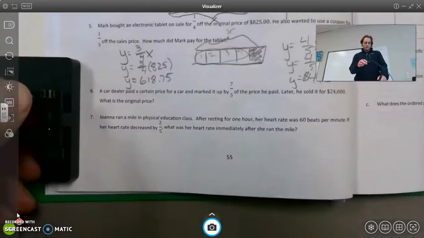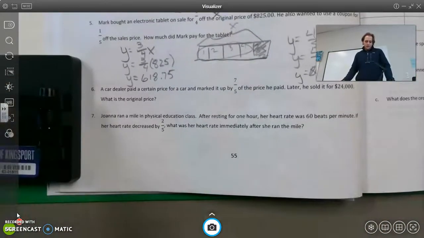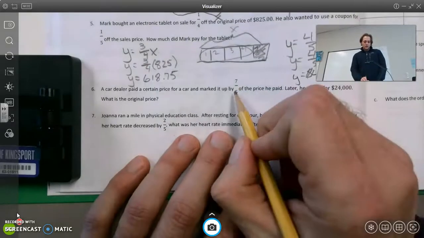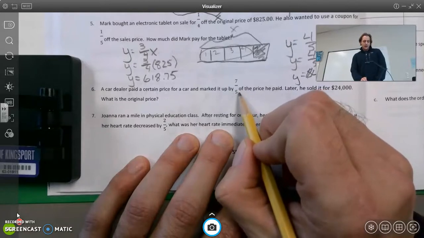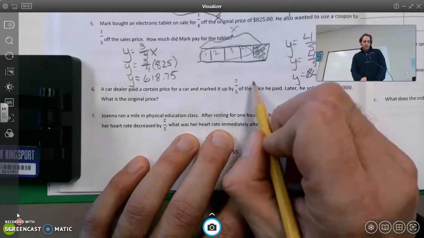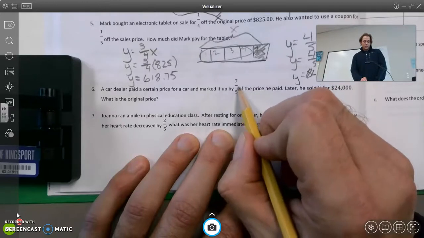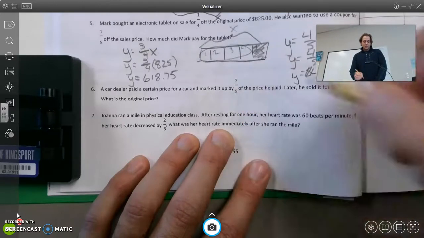All right. A car dealer paid a certain price for a car and marked it up by 7/5 of the price he paid. Later, he sold it for $24,000. What was the original price? All right, so I am taking this to believe that he's not adding 2/5 of the value, but he's adding 7/5 of the price.